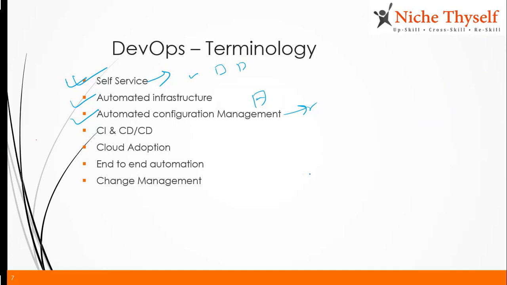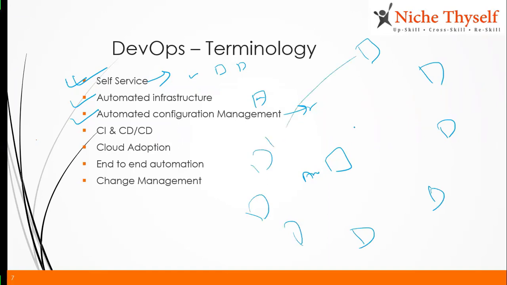With Ansible, from one machine, you can do configuration on hundreds of machines simultaneously in parallel. So you don't require administrators to go on every machine. Ansible will do it remotely on each of these machines. That is where we call this automated configuration management.